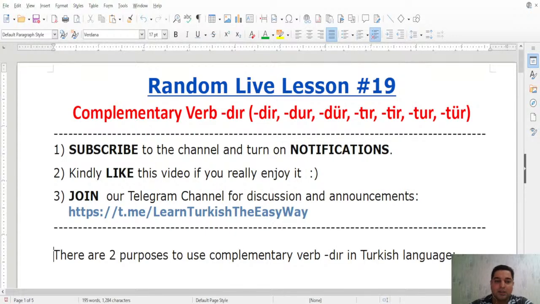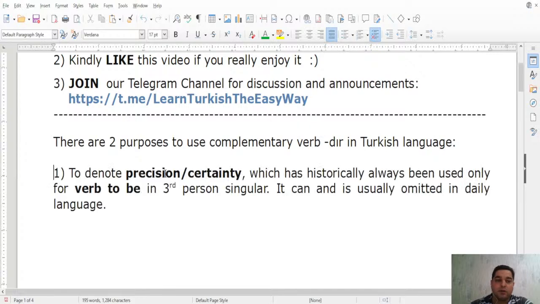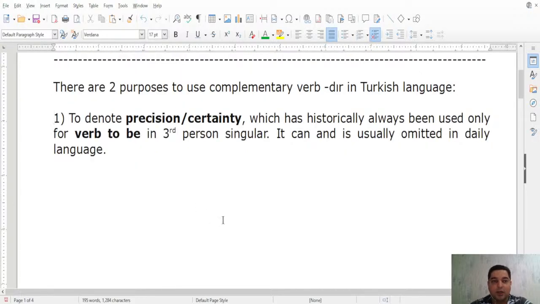The first one is to denote precision or certainty, which has historically, in Old Turkish, traditionally been used only for verb to be in the third person singular. It's not for all persons. It has been traditionally and historically used for only third person verb to be cases.